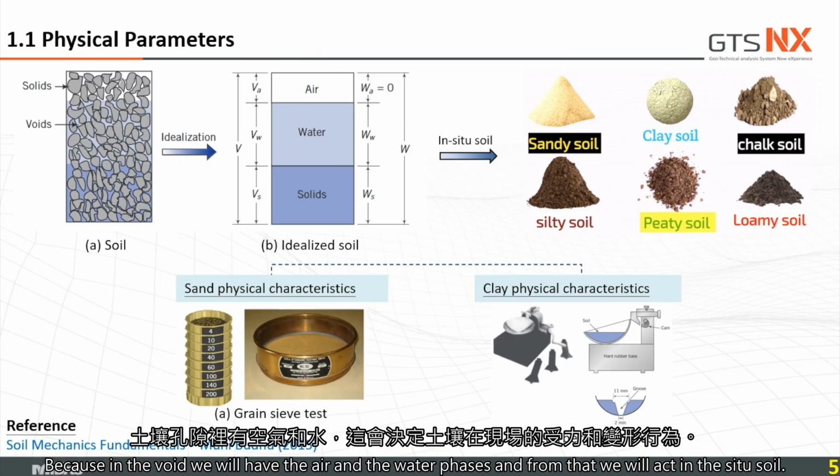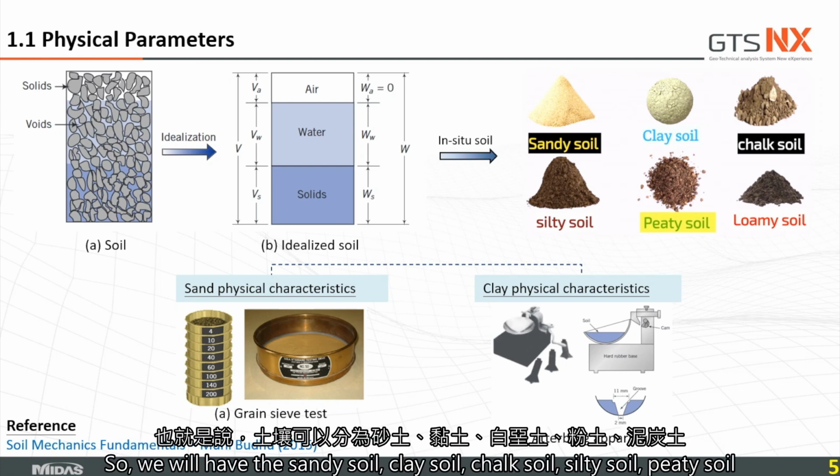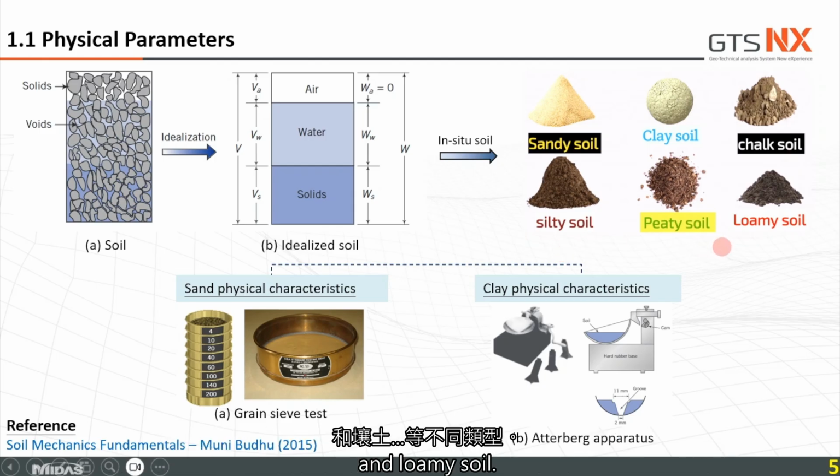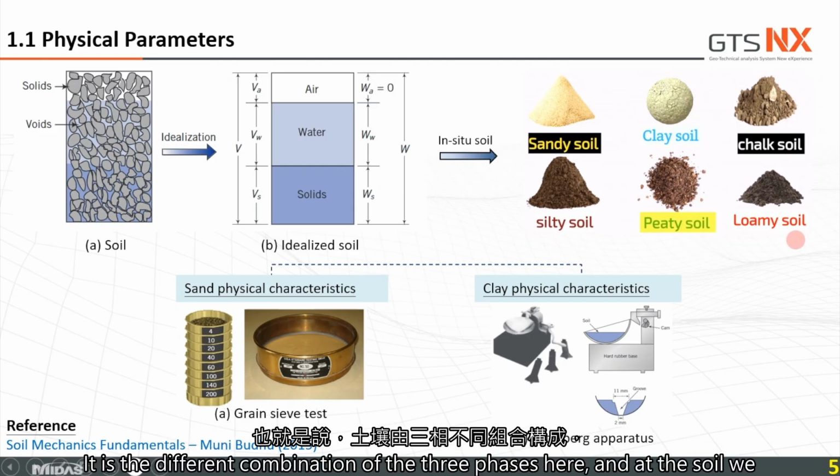From that, in situ soil, we have sandy soil, clay soil, chalk soil, silty soil, peaty soil, and loamy soil. It is the different combination of the 3 phases here.